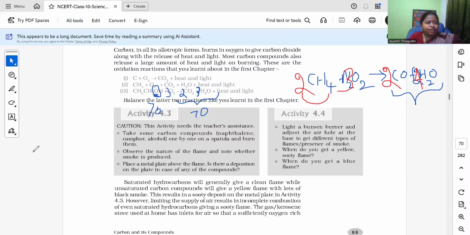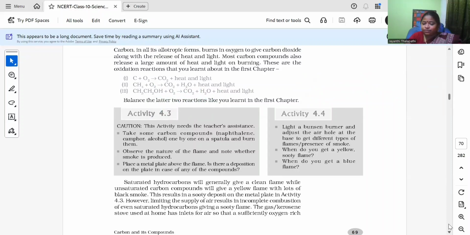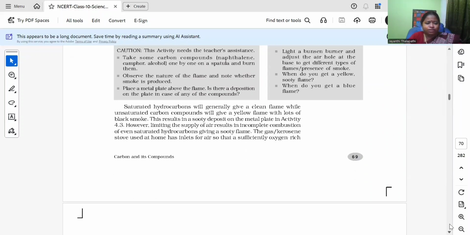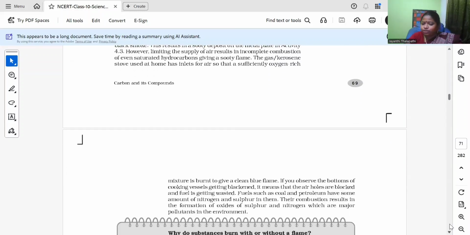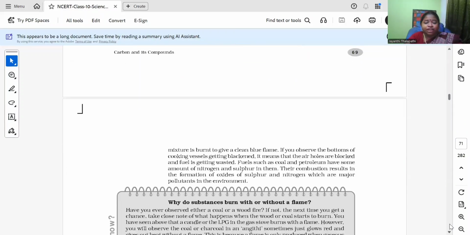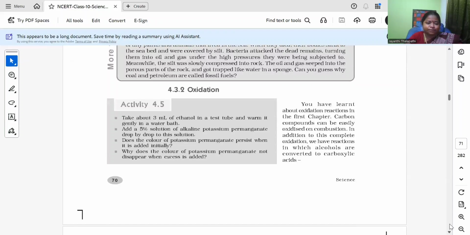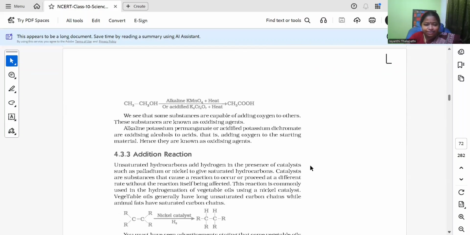Next to combustion, we have oxidation. In both equations, oxygen is involved, but one is combustion and the other is oxidation. For oxidation, we need oxidizing agents: alkaline potassium permanganate or acidified potassium dichromate. Potassium permanganate is a purple solution and potassium dichromate is an orange solution. One of these you can use as the oxidizing agent.